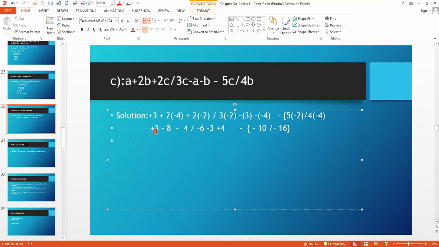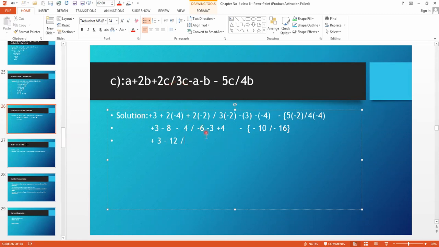Look here. This is +3, this is -8, -4. Both have the same sign. So if they have the same sign, we have to add the values and put the sign of the greater number. So 8 plus 4 is equal to 12, and I have to put the sign of minus. So it is equal to -12, and it is divisible by -6, -3, and +4. Okay, all these values. Here, this one.